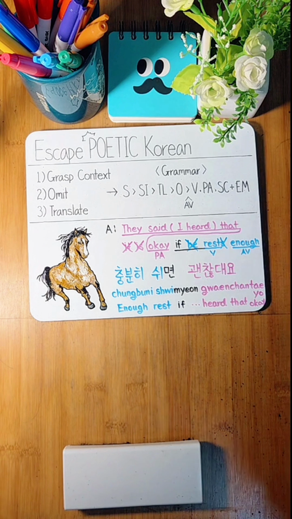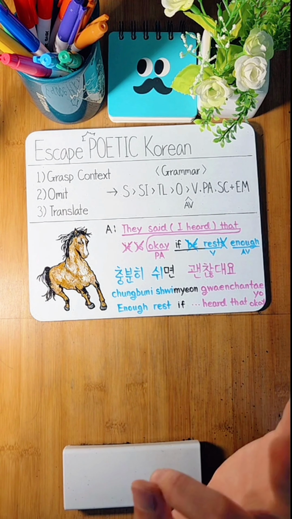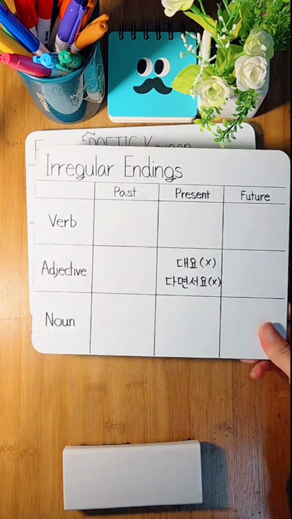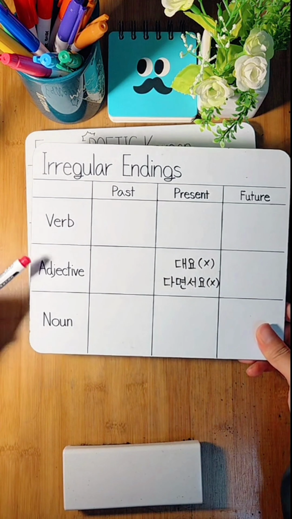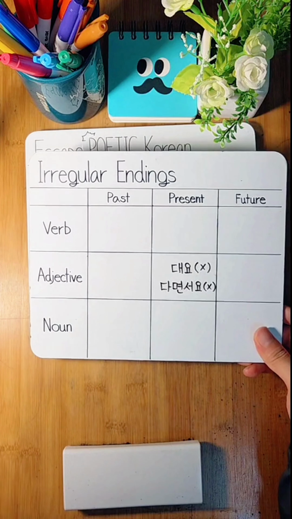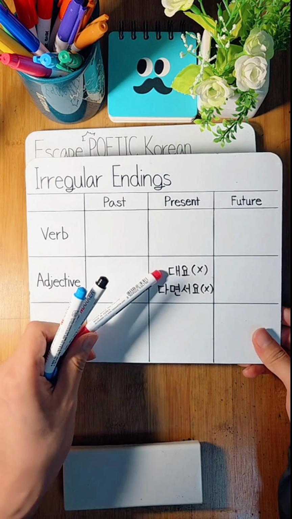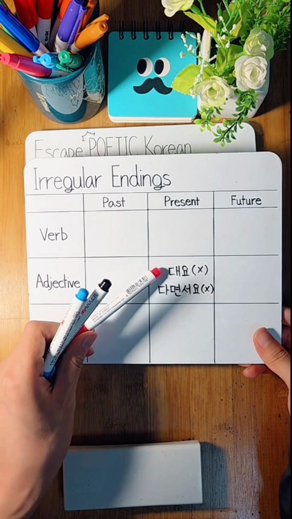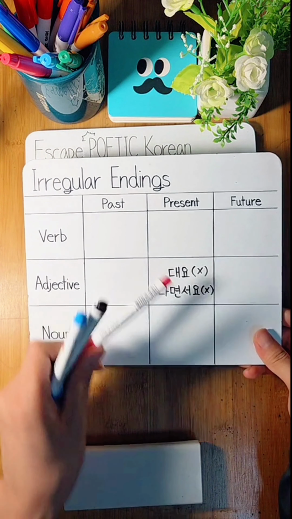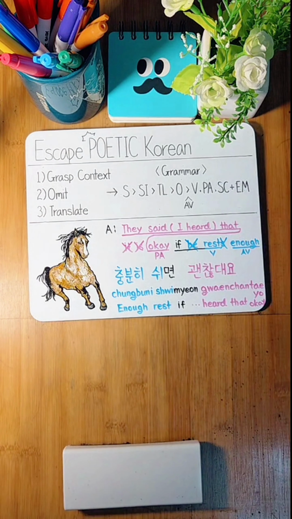Okay, so always keep in mind, if you're using reported speech, you do have to take into consideration the two factors, of course. Is it going to be a verb, adjective, or noun? Also the tense, of course, but also an extra factor. Is it information that the listener already knows, or is it not? Okay.